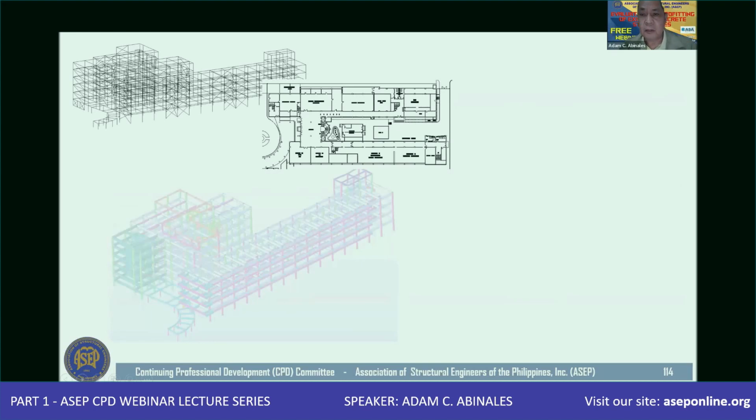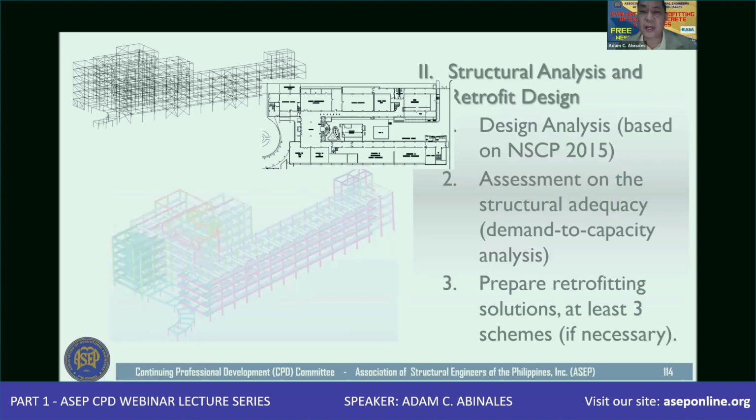So then after that, we do the structural analysis, and if warranted, then we do the retrofit design. Now, basically, as per terms of reference of the project, the code that we are required to use is the ASEP 2015. So we did the linear analysis based on the ASEP 2015.